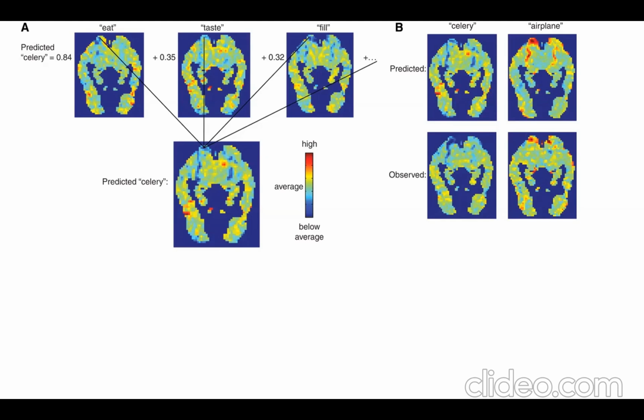And if our predicted values are very correlated with the observed values, then the model is capturing something informative, something useful. Because if we can predict celery based on a linear combination of ratings on these 25 verbs, that suggests that information about these verbs is capturing how celery is represented in the brain.